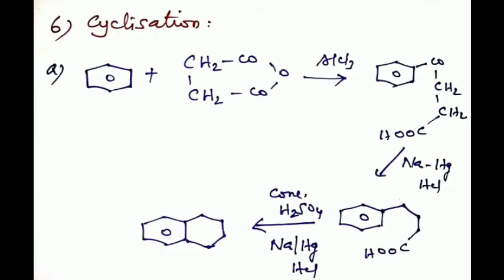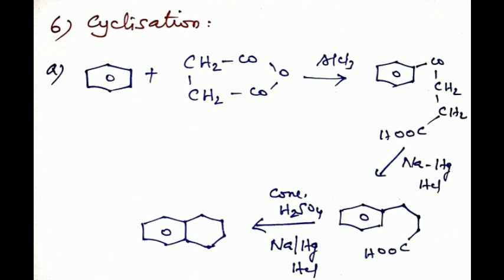Sixth application, some polynuclear hydrocarbons can be prepared by cyclizations as follows. Benzene combined with succinic anhydride in the presence of anhydrous aluminum chloride forms beta-benzoyl propionic acid.